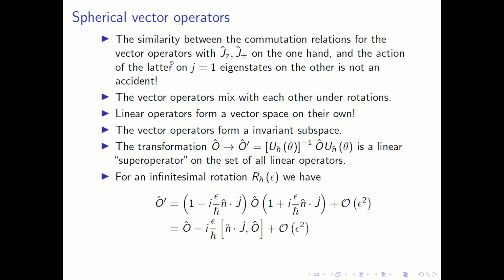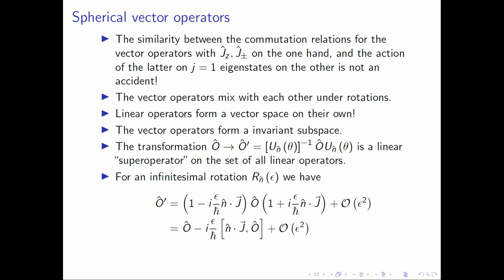And what happens when you carry out an infinitesimal transformation or infinitesimal rotation of coordinates? Well, the e to the theta operator is replaced by its infinitesimal version. Of course, this is order epsilon. There are order epsilon squared corrections, and the inverse is simply this, which is easy to figure out just by seeing that if you drop the O hat from the middle, the product of these two will be identity up to order epsilon.